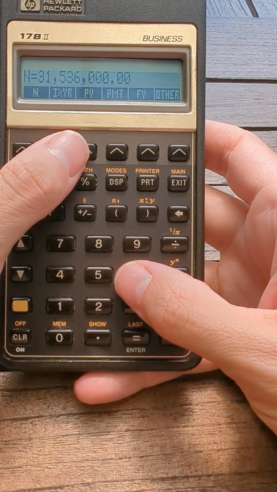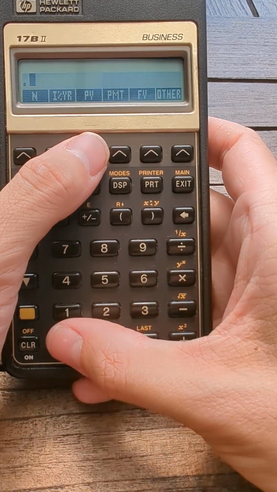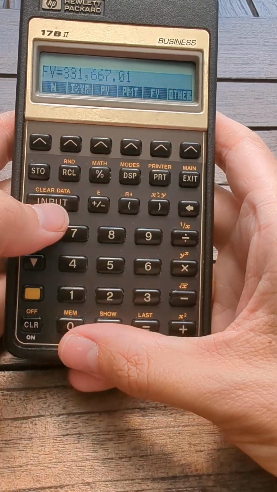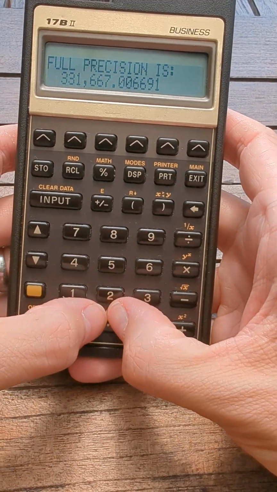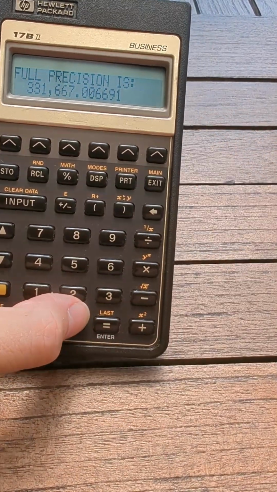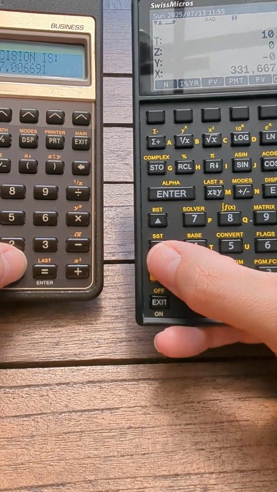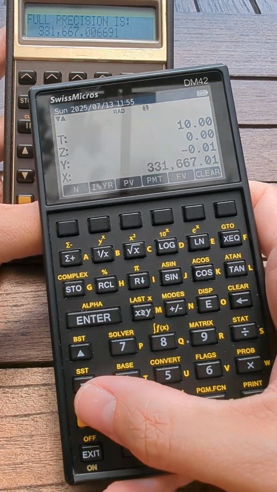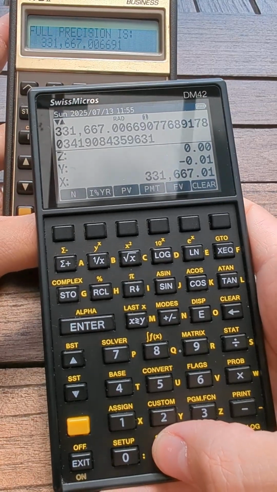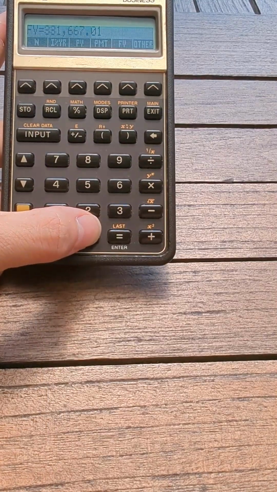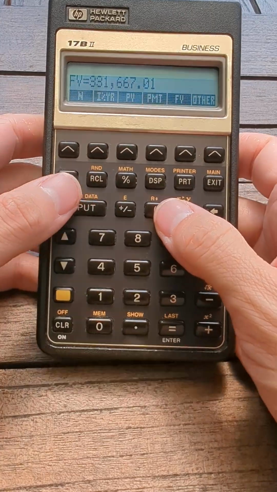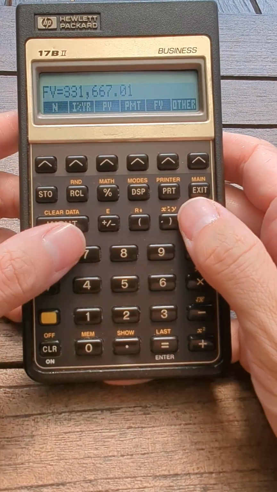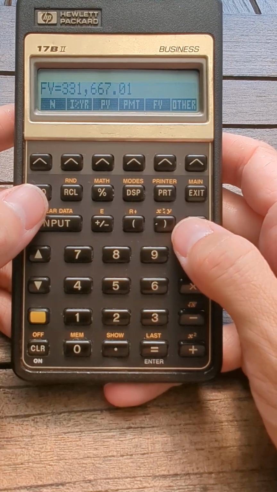Put that into N. Okay. There we are. It does a pretty good job on that. Yep. Yeah, but the UI of this is very nice, very similar to Plus 42.